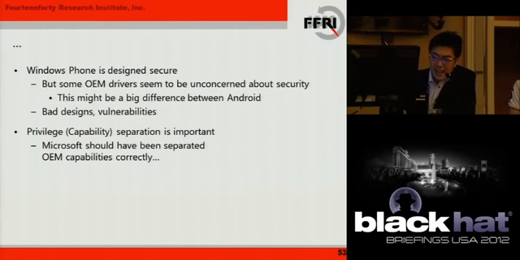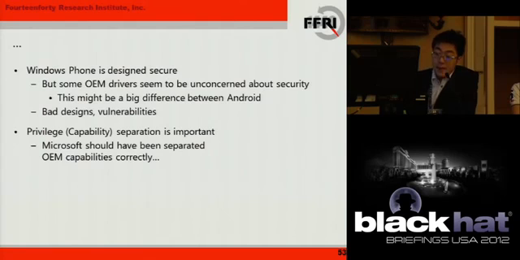So I have described Windows Phone 7 internals and some possibilities of exploitation. Let's move on to the conclusion. The sandbox and application systems are designed securely, conforming to the principle of least privilege. This is good.